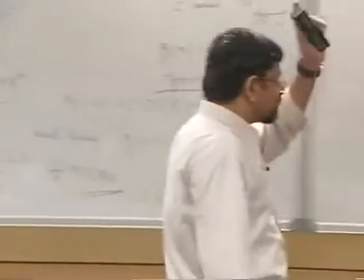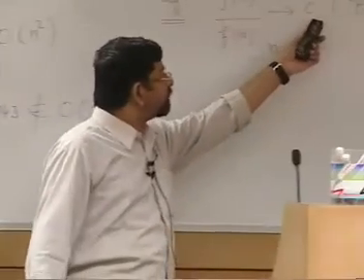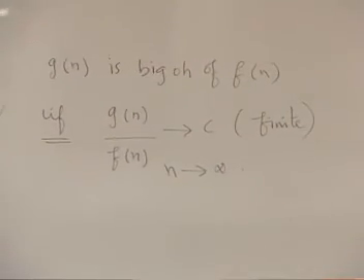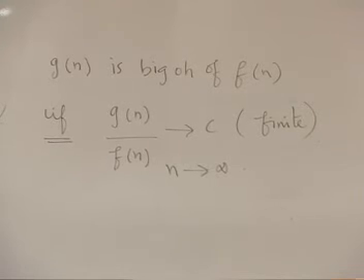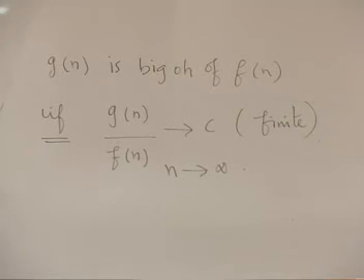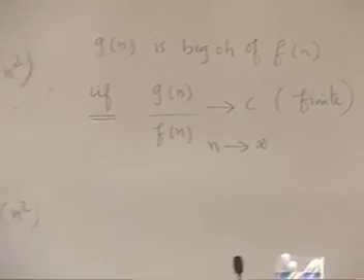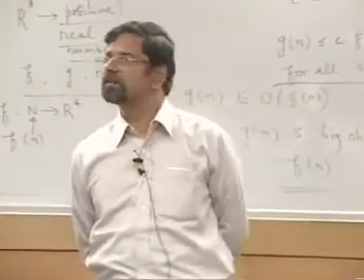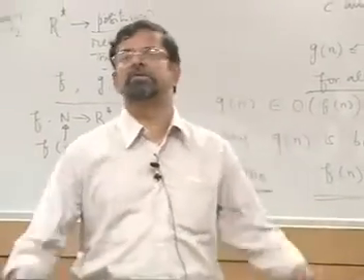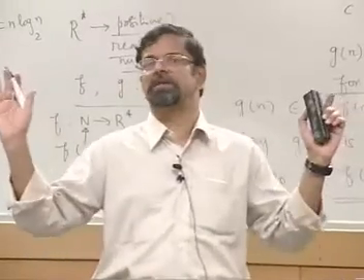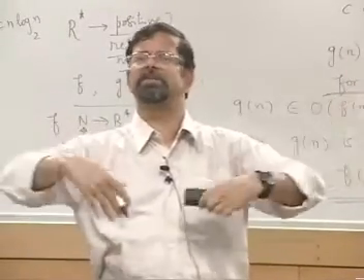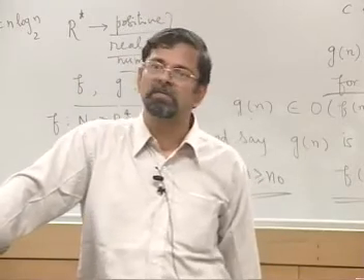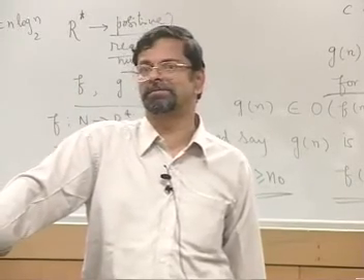Only when it converges to a finite constant, and that finite number could be any number. It could be 0 or non-zero, that doesn't matter. As long as it is finite, it is big O of f of n. If it doesn't converge, or if something confusing happens, then we cannot relate those two functions through big O notation. They are independent functions with different characteristics, that's it. One cannot be spoken in terms of big O of another.